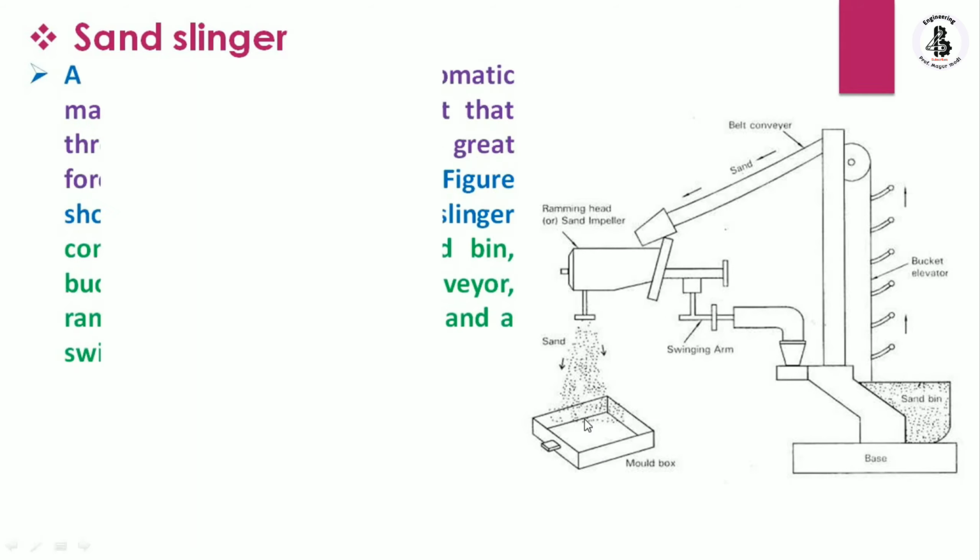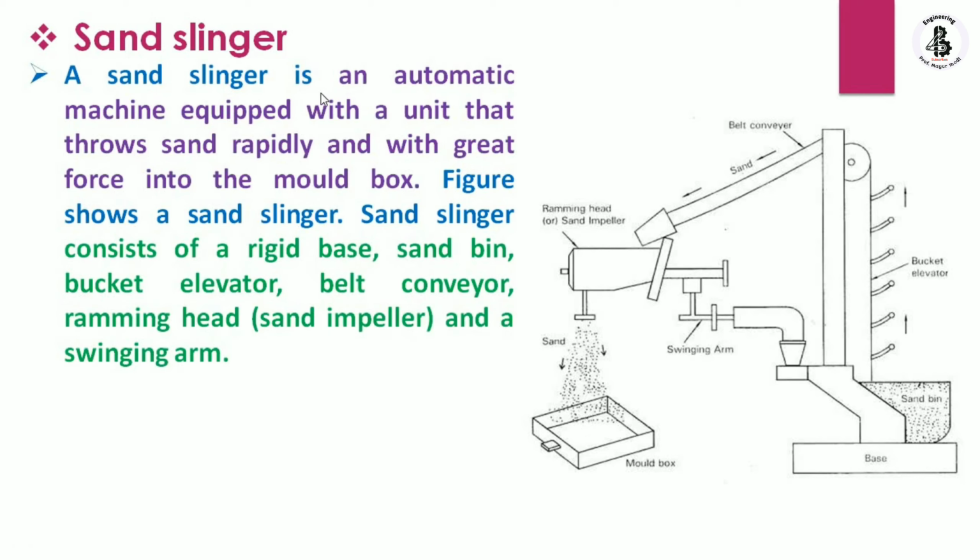So just you can see, a sand slinger is an automatic machine equipped with a unit that throws the sand rapidly and with great force into the mold box. Just you can see the figures. A sand slinger consists of a rigid base, sand bins, bucket elevator, belt conveyor, ramming head, and a swinging arm.